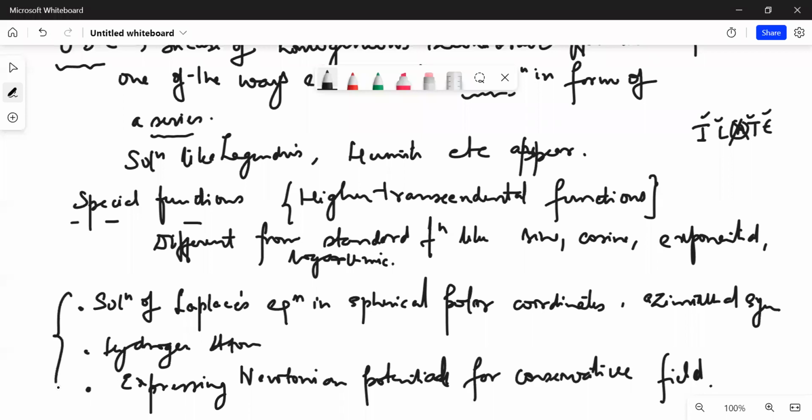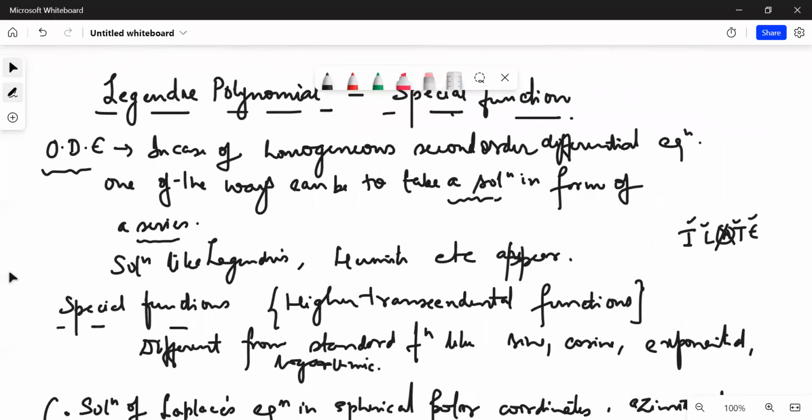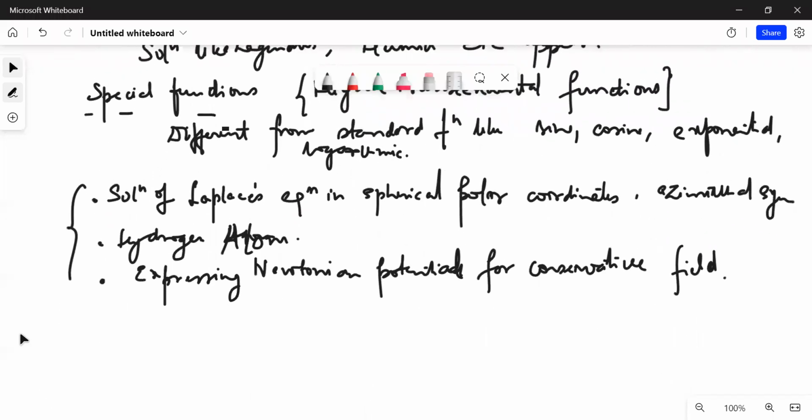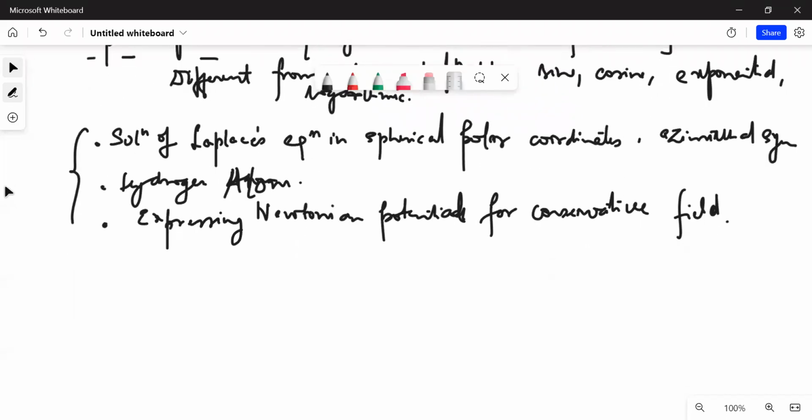So there may be many places, as much as I can recollect right now. I have written a few of them. There are many places where you may find it beyond that also, but mostly in Laplace's equation, wherever you have spherical polar coordinates with azimuthal symmetry, the solution ends up getting into Legendre's polynomial.